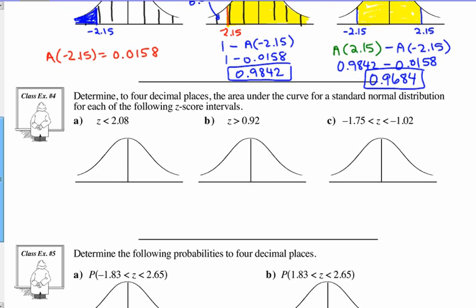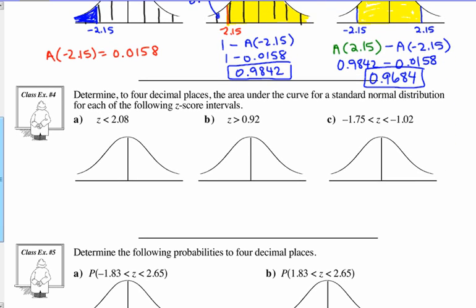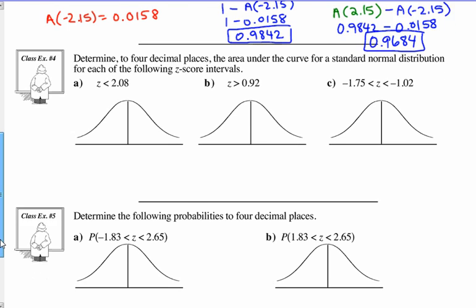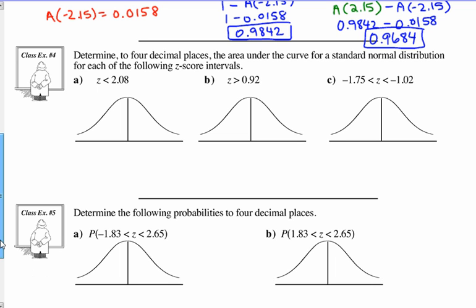So let's try another one. Determine to 4 decimal places the area under the curve for a standard normal distribution for each of the following z-score intervals. So z is less than 2.08. So approximately 2.08 is approximately over here. We want less than. So everything to the left, which is nice because that's what our chart is set up for.